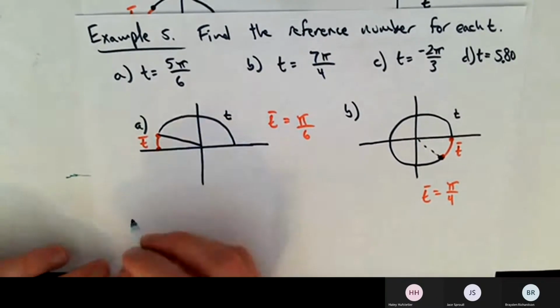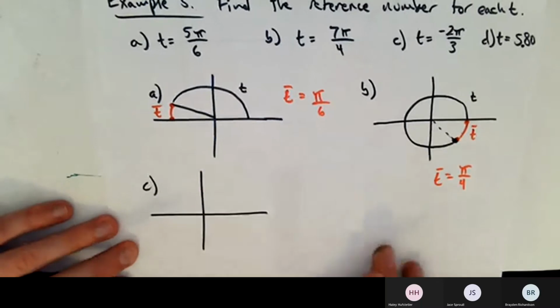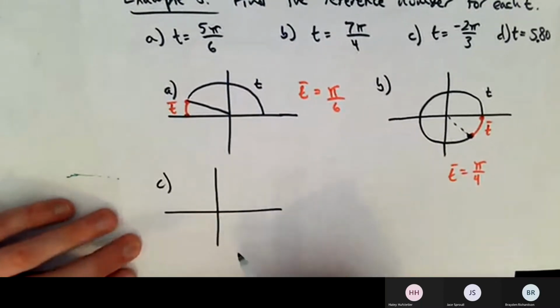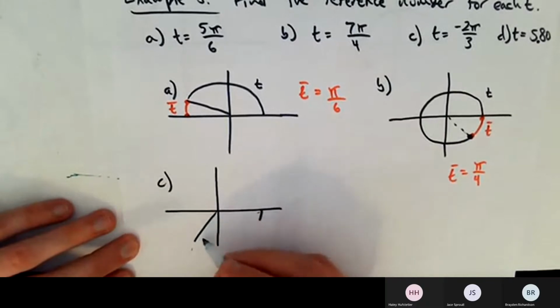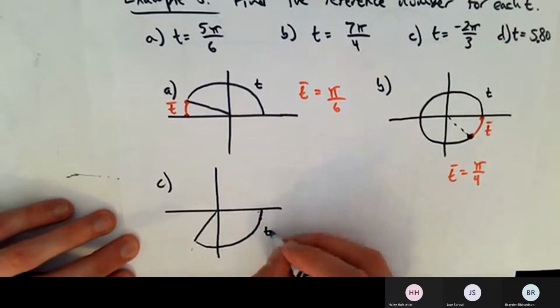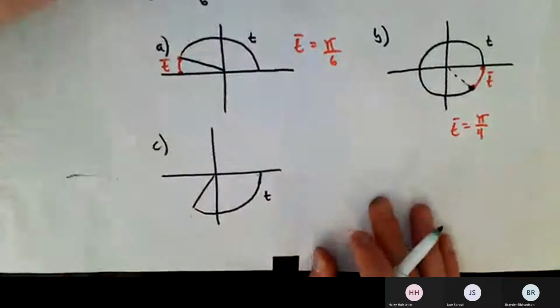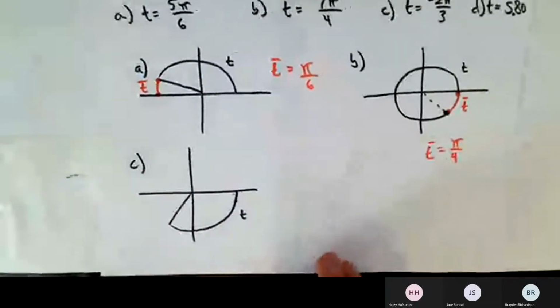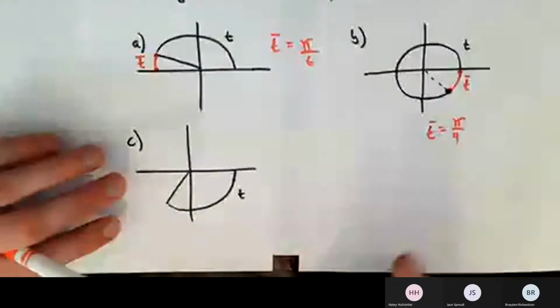All right. C is going to be negative 2 pi on 3. So pi on 3 would put me here, and then another pi on 3 going the opposite direction this time, going this way, there's T. So this is the T equals negative 2 pi on 3 angle.